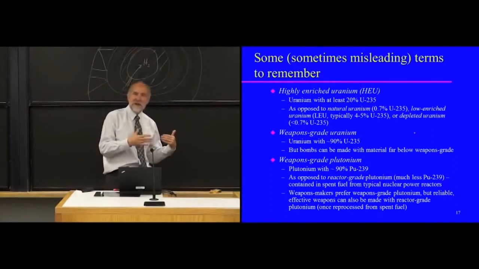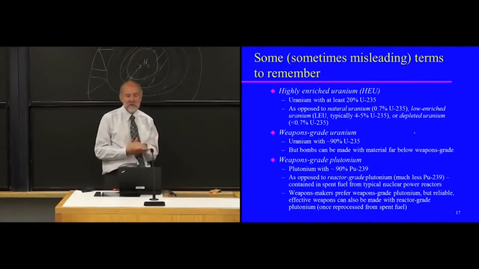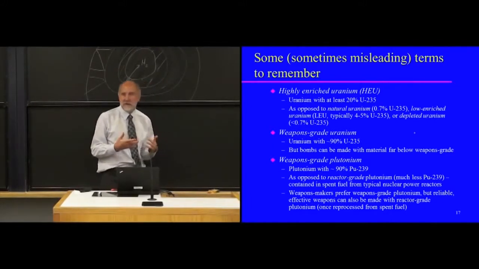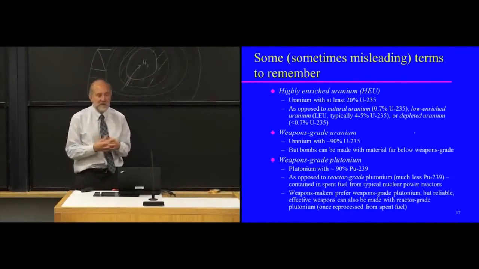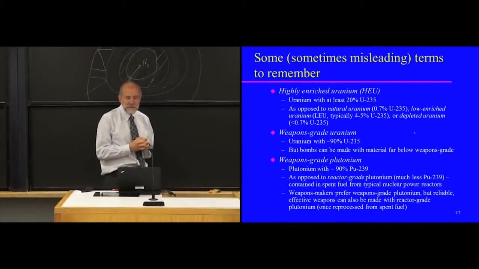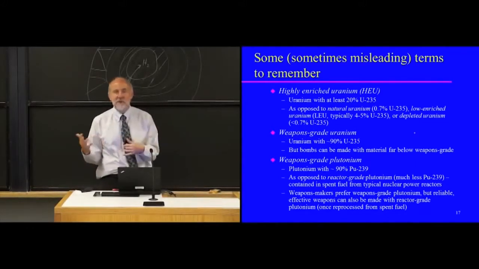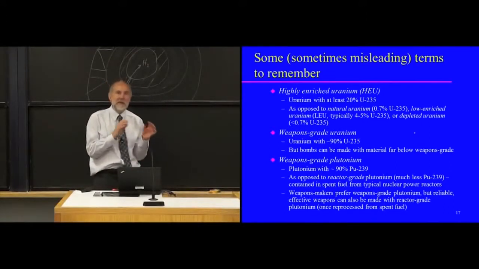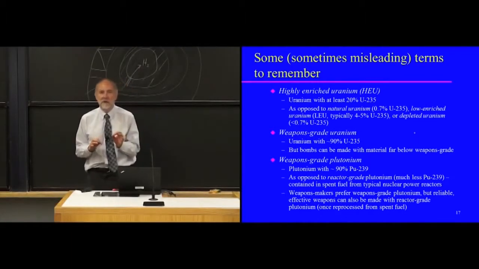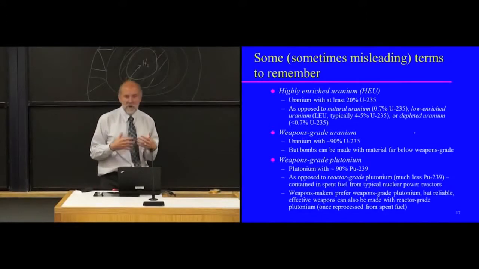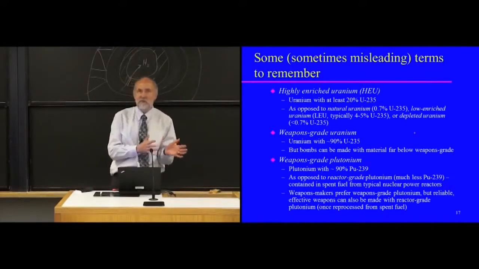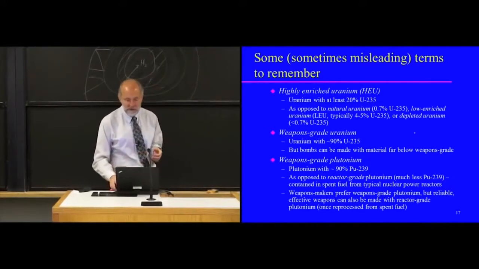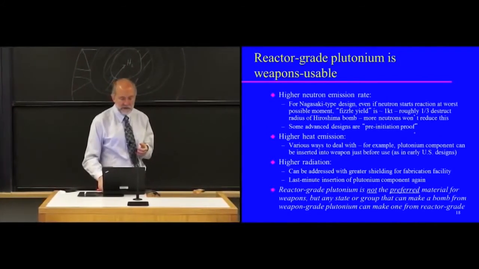So the stuff you get out from a power reactor is referred to as reactor-grade plutonium. It has much less plutonium-239, maybe only 60% or 70% plutonium-239. And weapon makers much prefer the weapon-grade plutonium. But just as with the uranium, it is possible to make reliable, effective nuclear weapons from reactor-grade plutonium once that plutonium has been separated out from the spent fuel by this process known as reprocessing.